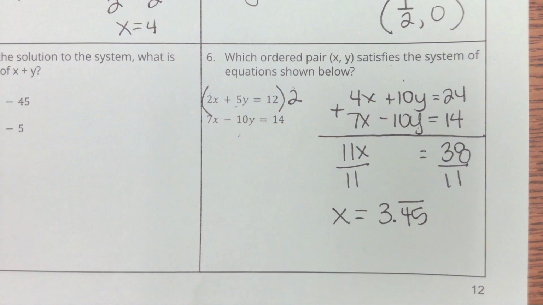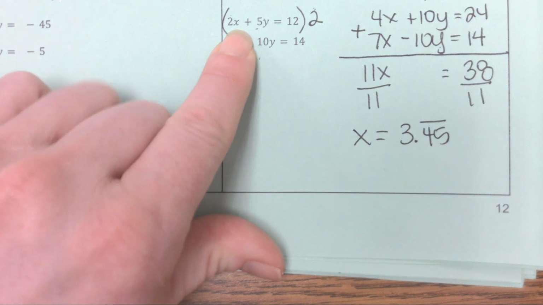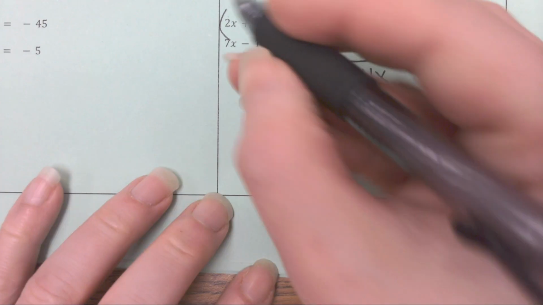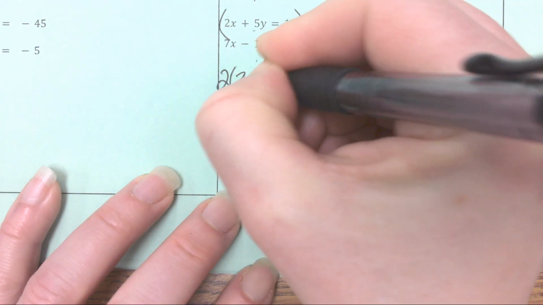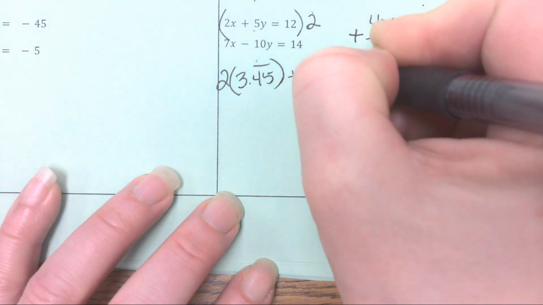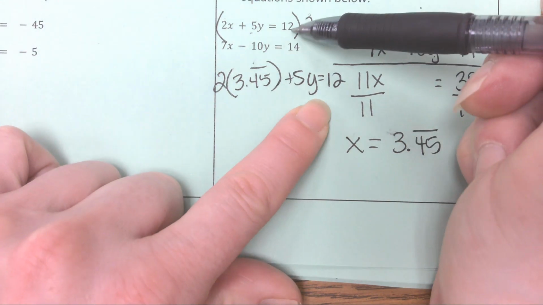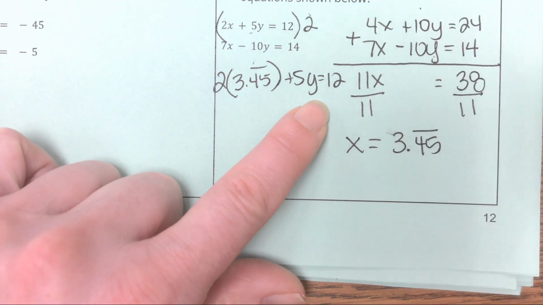Let's plug that in up here and solve. You can use the original equation. I would prefer using the original because the numbers are smaller, but you could also use the one you multiplied by as well.